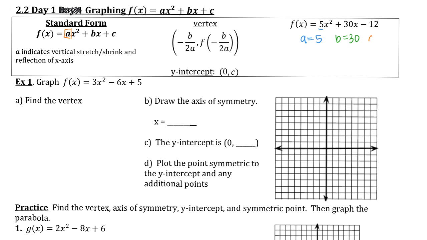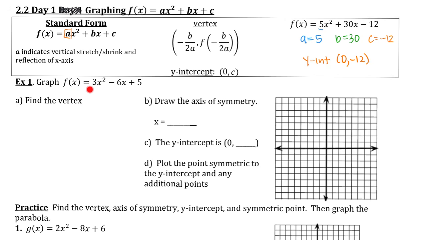It's minus 12, so the c value is negative 12. We could use the formula to find the vertex, and we will in a moment. The y-intercept is always 0, comma, the c value. The c value is negative 12, so the y-intercept of this graph would be 0, comma, negative 12.